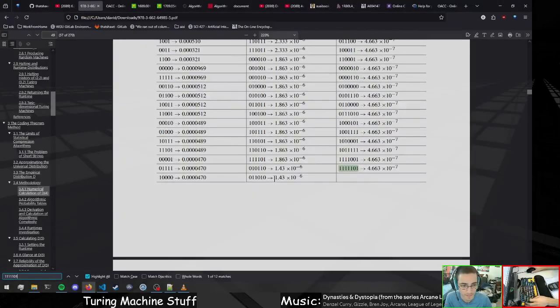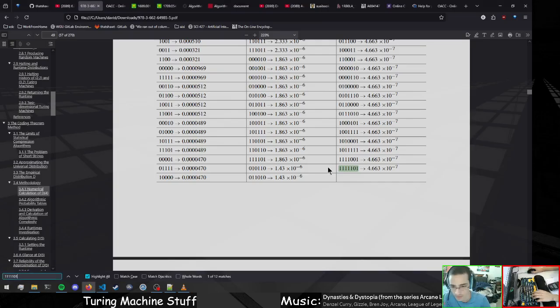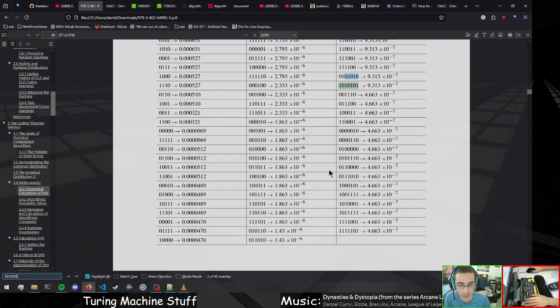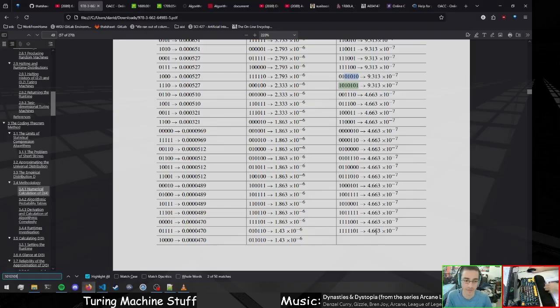Okay. That one is there. What about this one? So this one has a frequency of 8 in our thing, which is 2 times greater than the frequency of this one, which was 4, apparently.